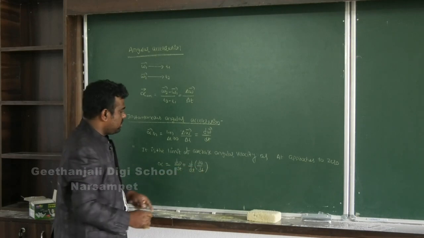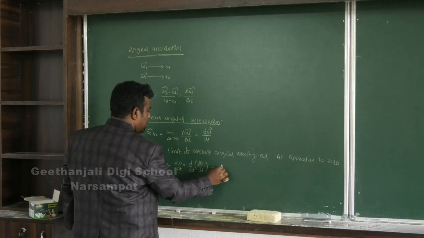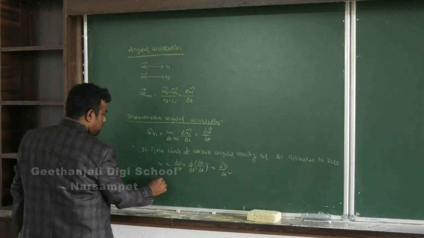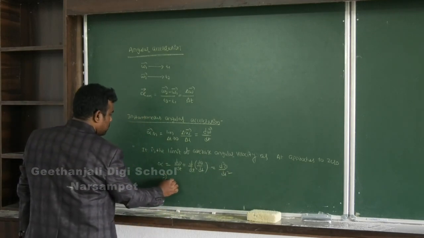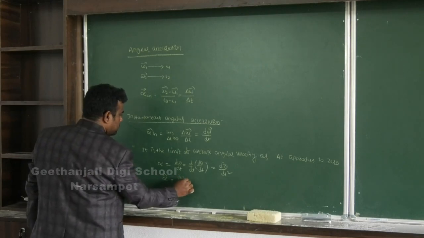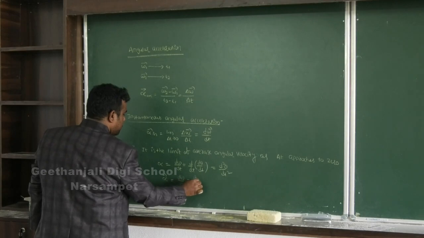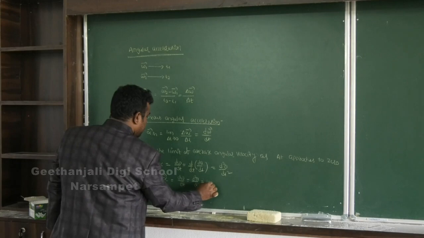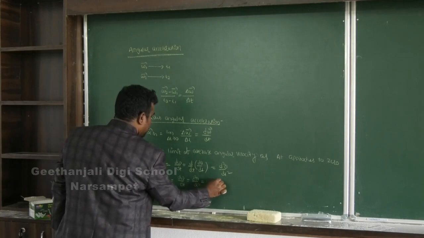So you can write d square theta by dt square. So finally alpha is equal to d omega by dt, which is equal to d square theta by dt square, and is equal to omega into d omega by d theta.